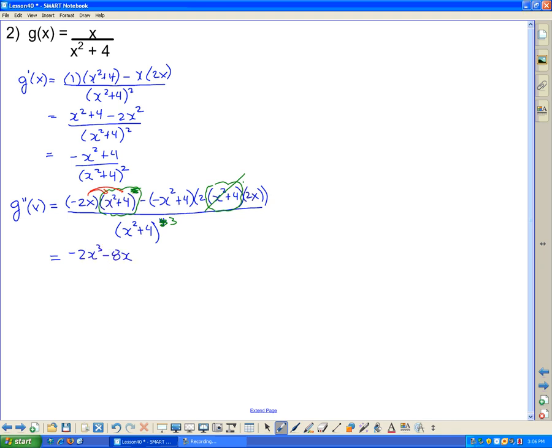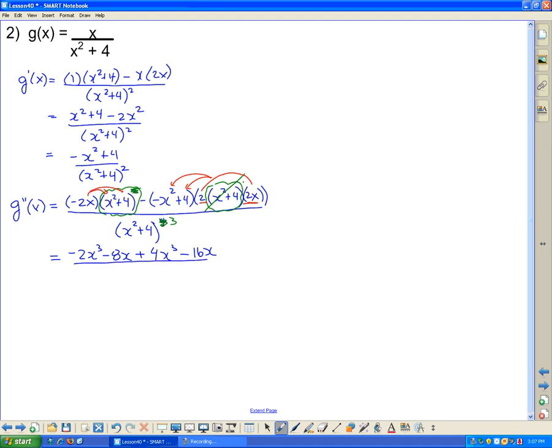The second term, it's really the same thing. I really have these two terms create a monomial. That's really just 4x. I'm going to distribute it in there. So it becomes a positive, and it'll be 4x cubed, and then minus 16x.